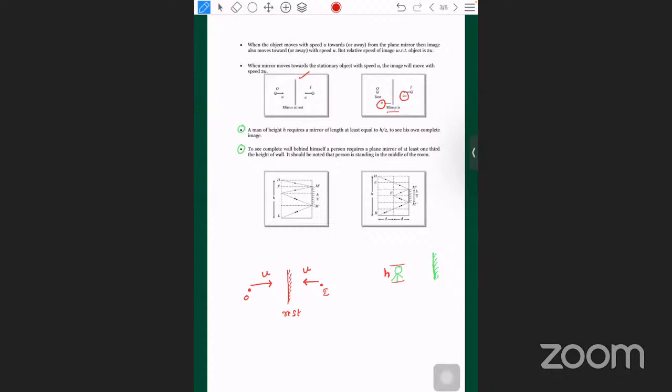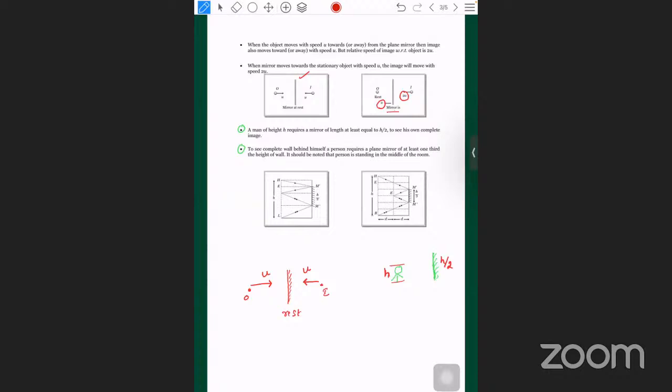If you stand in front of a mirror and want to view your complete image, the minimum height of the mirror must be h by 2.